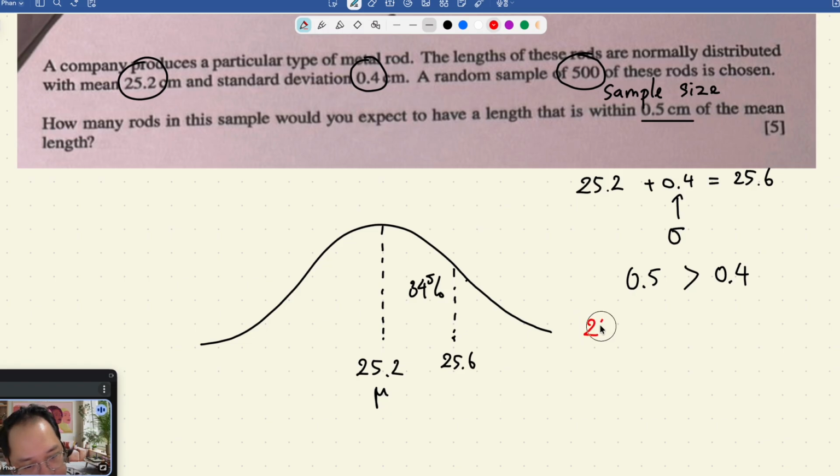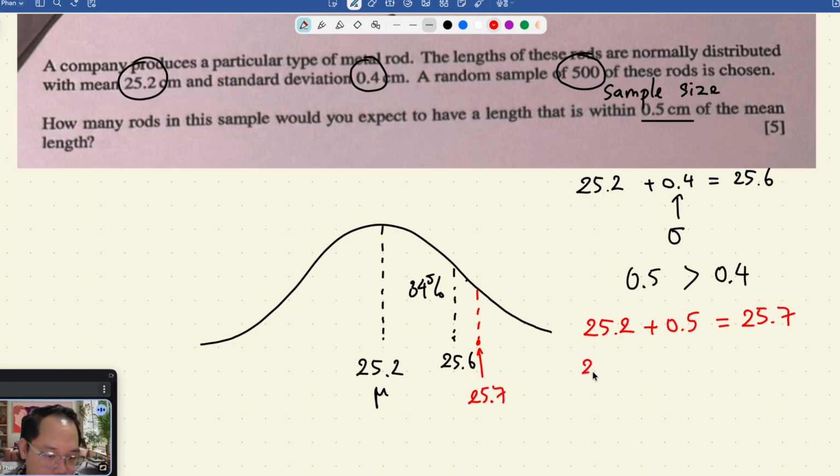When you add 25.2 with 0.5, you get 25.7, which is here. This point is 25.7. Similarly, you need to do the subtraction. 25.2 minus 0.5, you get 24.7.